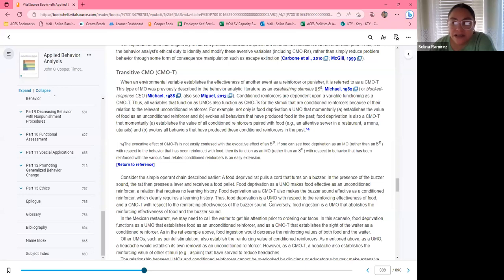Food deprivation as a CMO-T also makes the buzzer sound effective as a conditioned reinforcer, which clearly requires a learning history. Thus, food deprivation is a UMO with respect to the effectiveness of food, and a CMO-T with respect to the effectiveness of the buzzer sound. Conversely, food ingestion is a UMO that abolishes the reinforcing effectiveness of food and the buzzer sound.